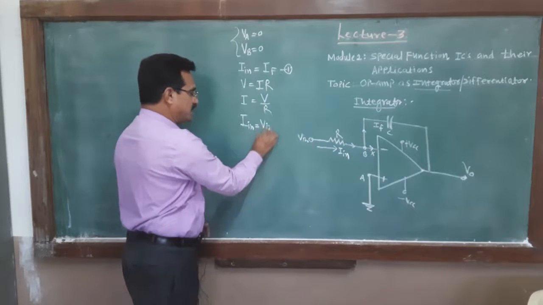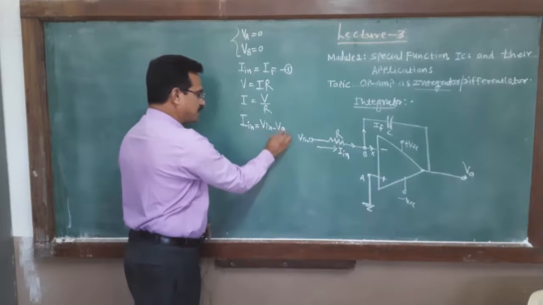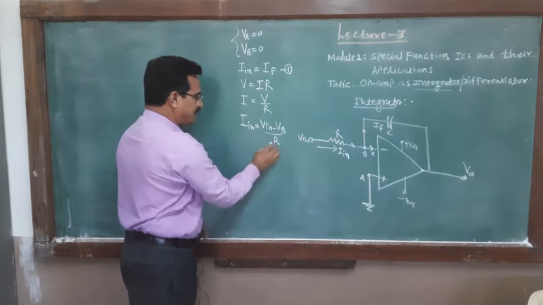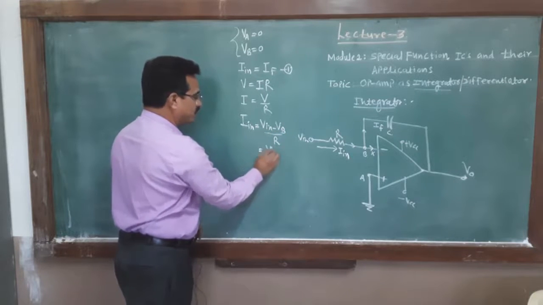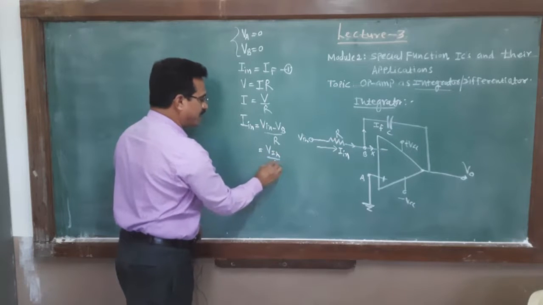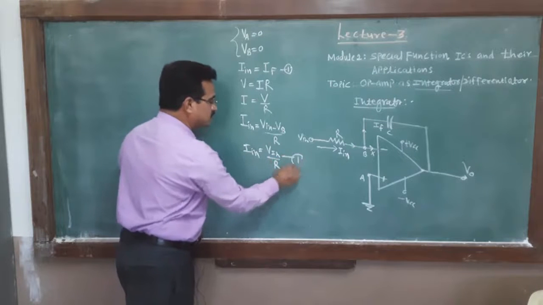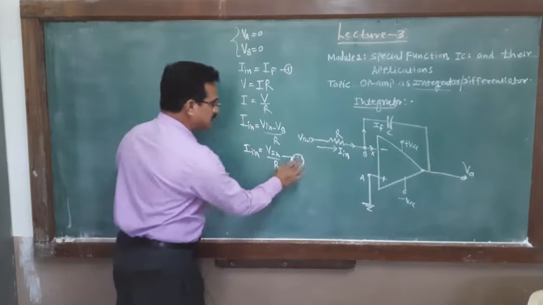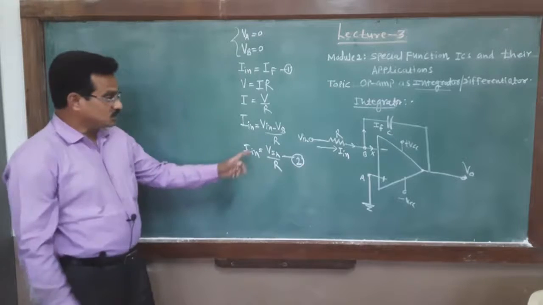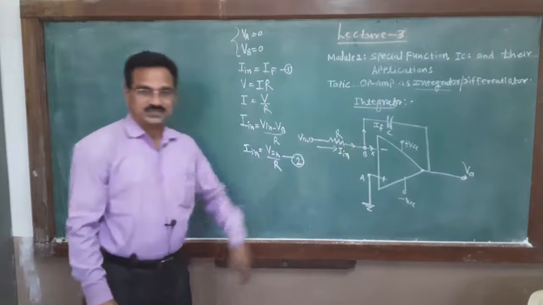That is Vin minus VB divided by R, and that must be equal to Vin divided by R. This is the value of the input current. Call this equation second. This is actually the current flowing through this resistance.